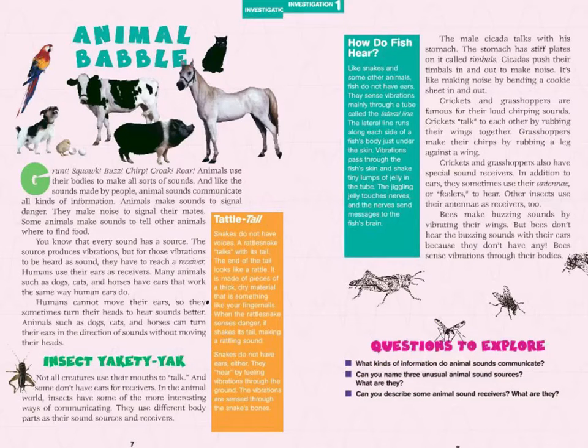The following reading addresses the concept of sound source and sound receiver. A sound source is anything that makes sound. So anything that can produce vibrations in order to cause a sound to occur is considered a sound source. A sound receiver, on the other hand, is anything that takes in the sound and responds to it. For example, humans have ears as sound receivers.